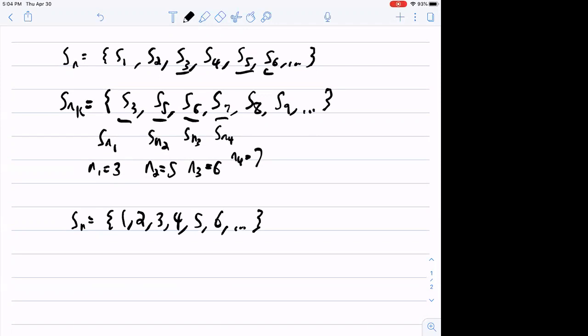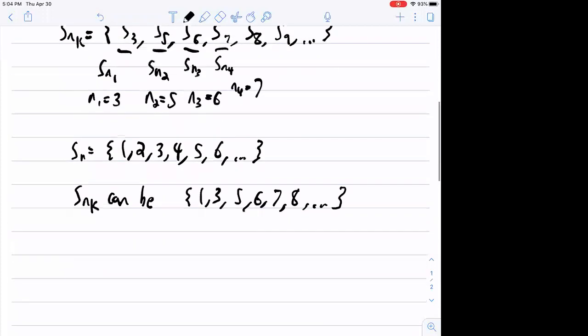So you can have 1, 3, 5, 6, 7, 8. But this cannot be a subsequence: you can't go 1 to 3 and then back to 2. Once you hit this term, you have to go to everything past it. You can't go back to the term before.